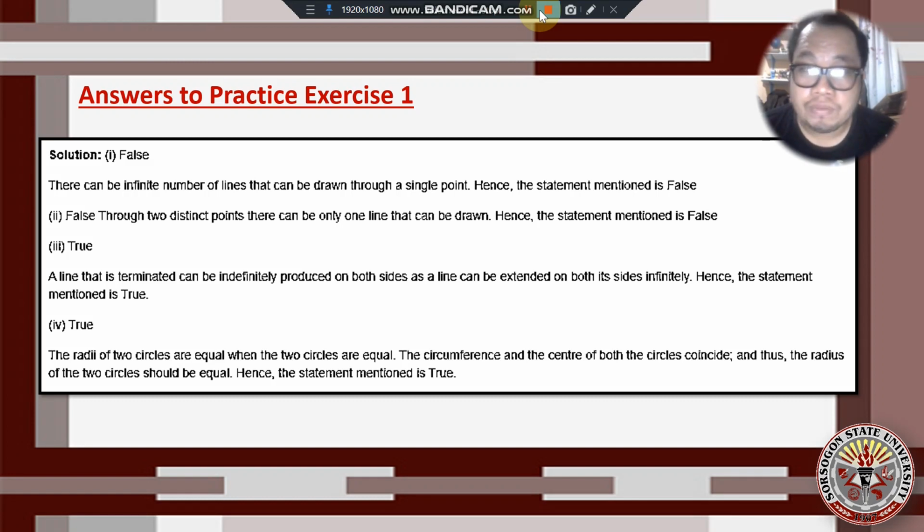The radii of 2 circles are equal when the 2 circles are equal. So the circumference and the center of both circles coincide, and thus the radius of the 2 circles should be equal. So hence the statement mentioned is true. This is in line with the third postulate of Euclid.